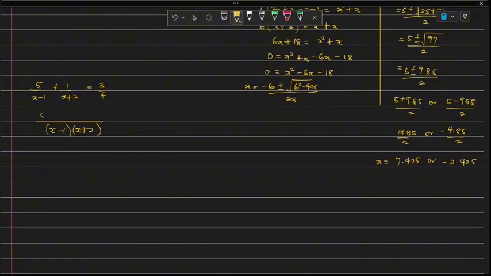Multiplied by 5, I have 5 into bracket x plus 2. Then I put the plus sign back. The LCM divided by x plus 2, I'm left with only x minus 1. Multiply by 1, I have x minus 1, is equal to 3 over 4.